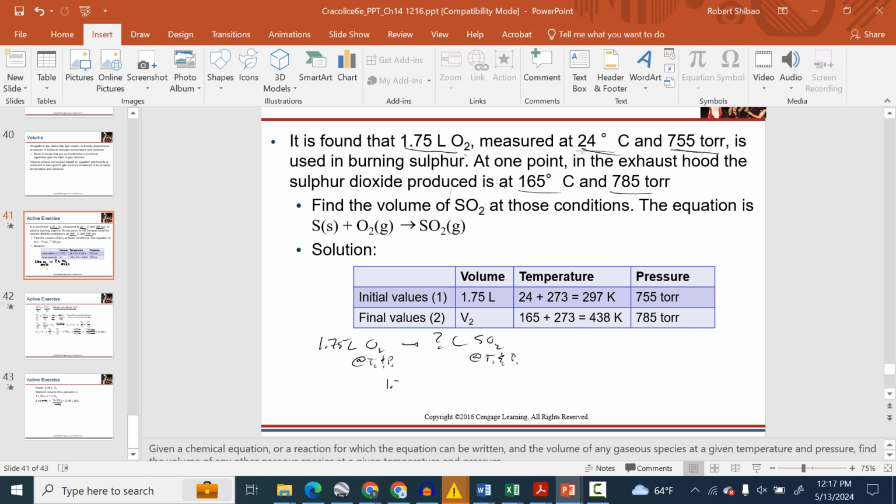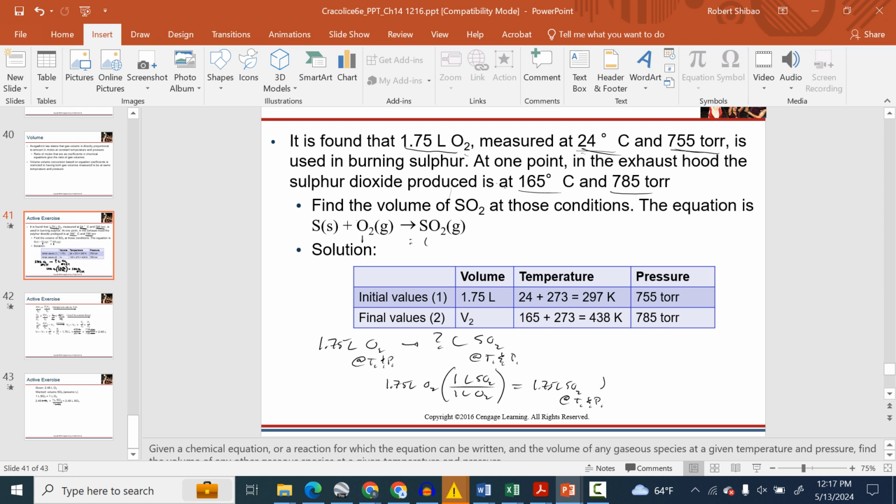And so using Avogadro's law, 1.75 liters of O2, the liter ratio is 1 to 1. So we get 1 liter of SO2 for every 1 liter of O2. It's a 1-to-1 mole ratio, it's a 1-to-1 volume ratio. And so this is going to give me 1.75 liters of SO2 at T1 and P1.